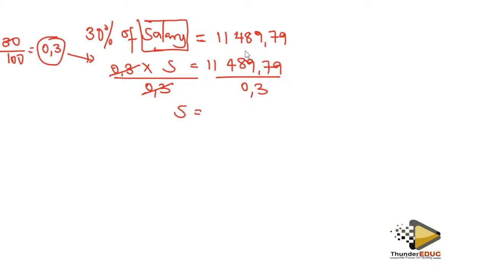11,489.79 divided by 0.3. I have 38,299.30, which is approximately 39,000. Your gross salary should be this much. All right?